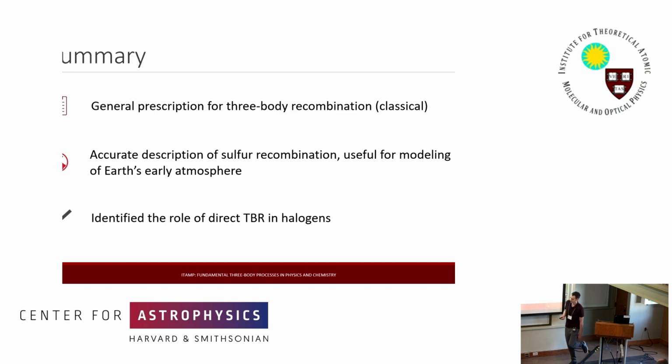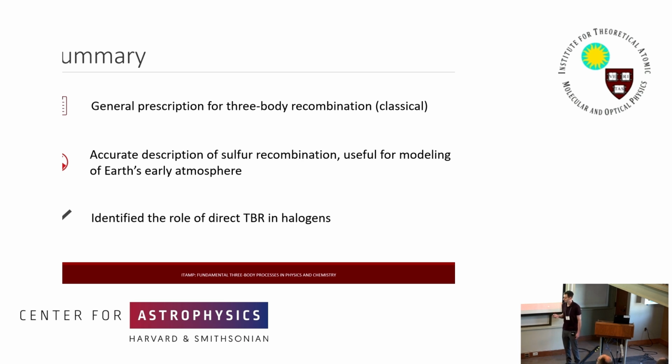Okay, so I guess I've talked about everything I wanted to talk about today. We have this general prescription for classical three-body recombination, and it can be used in almost any situation where three-body recombination occurs. Because they're classical, they can be calculated very quickly and simply with simple potentials, like the Lennard-Jones potential, and we can still capture pretty accurate results.